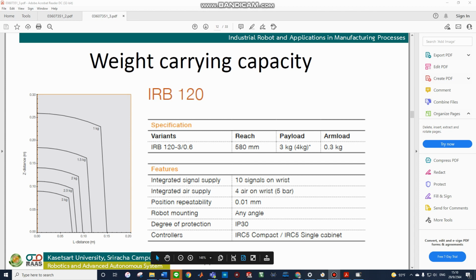The fixture integrates signal supply 10 signals, and supply 4 air on rays 5 bar. Position repeatability 0.1 millimeters.